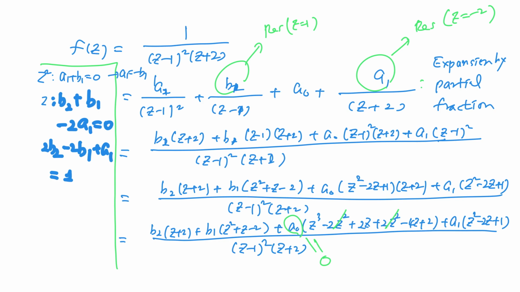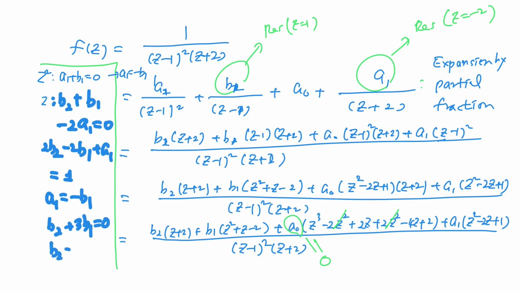We know A1 is minus B1, so 2B2 minus 3B1 is equal to 0.